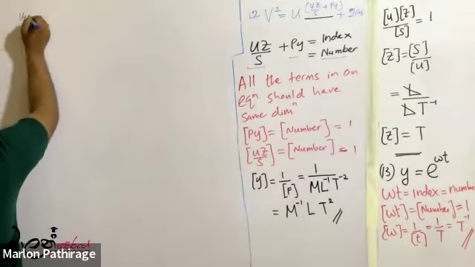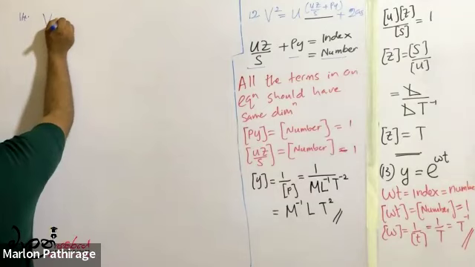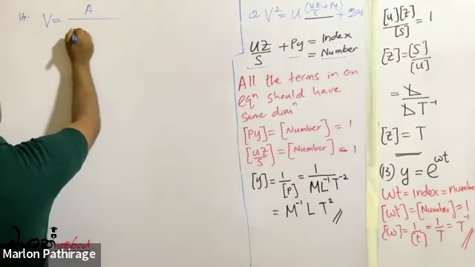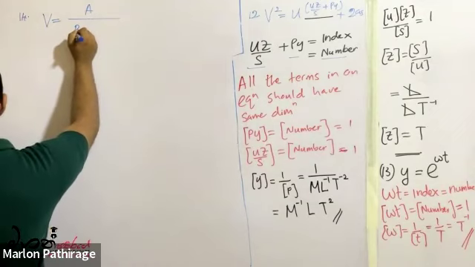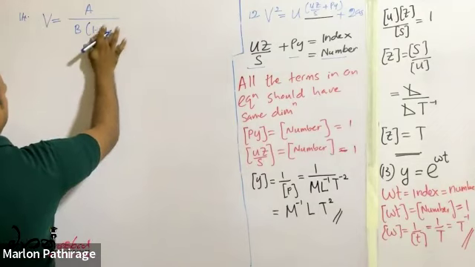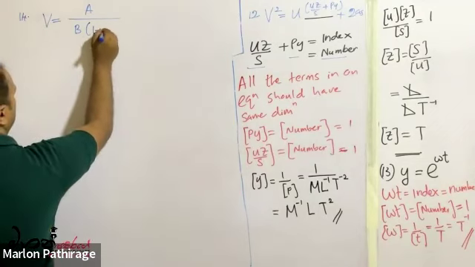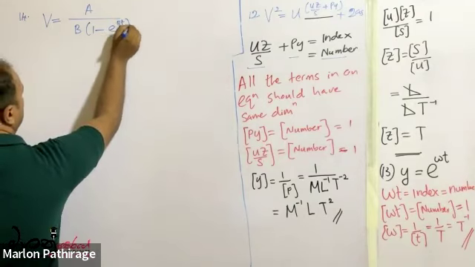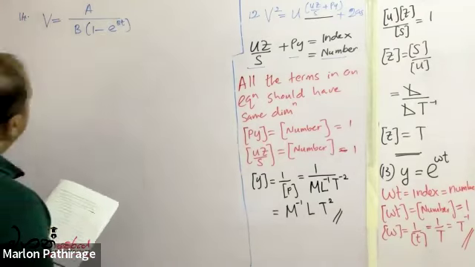Question number 14. V is equal to a over b into 1 minus e to the power bt.